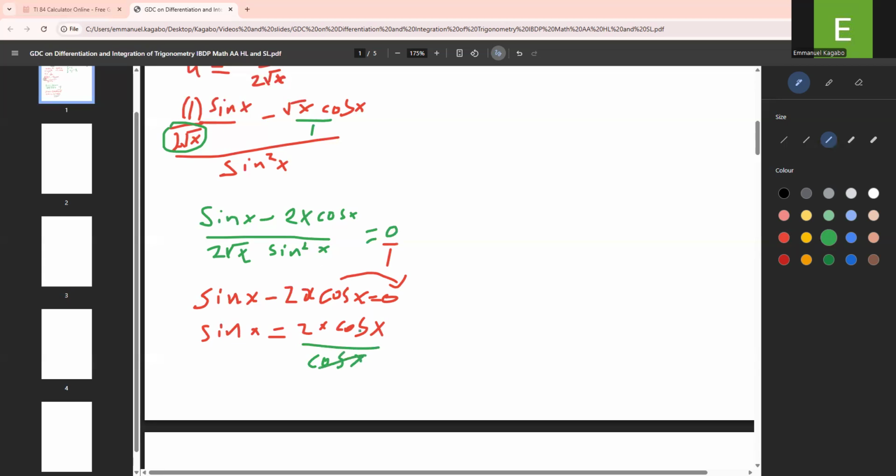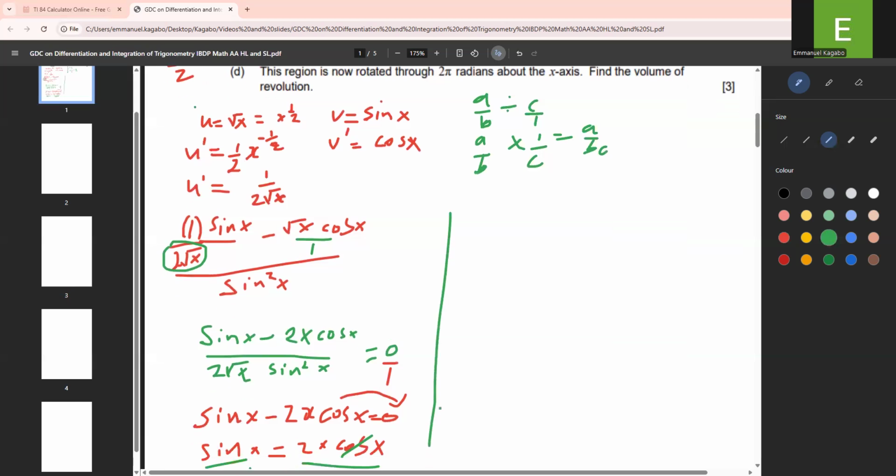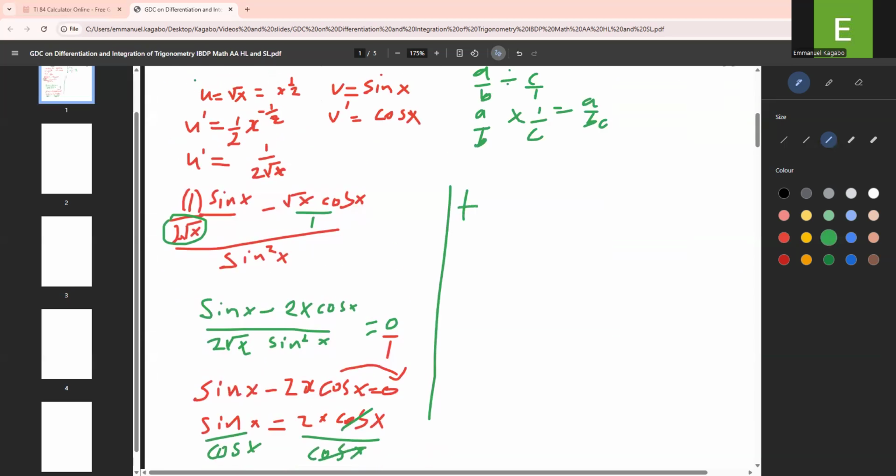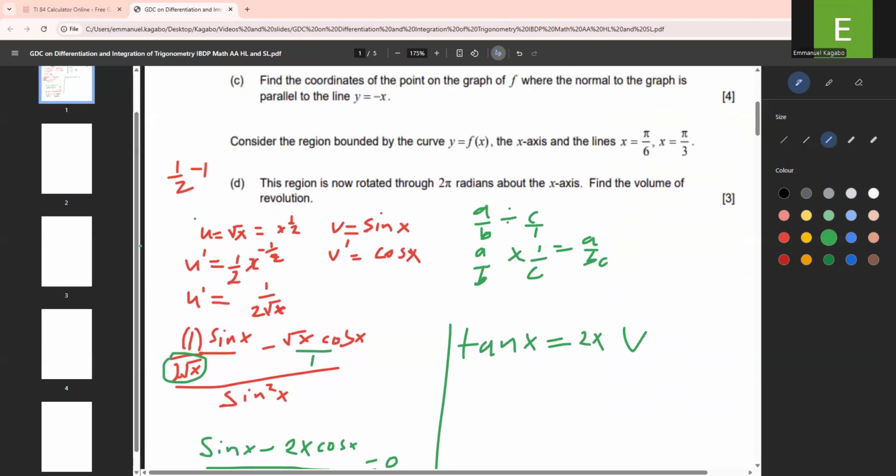This cancels out with this, and I divided it here. So what is sine x over cos x, guys? That is tan x, right? So I'm going to have tan x equals 2x, hence true. Okay, very good. Part 1 is done.